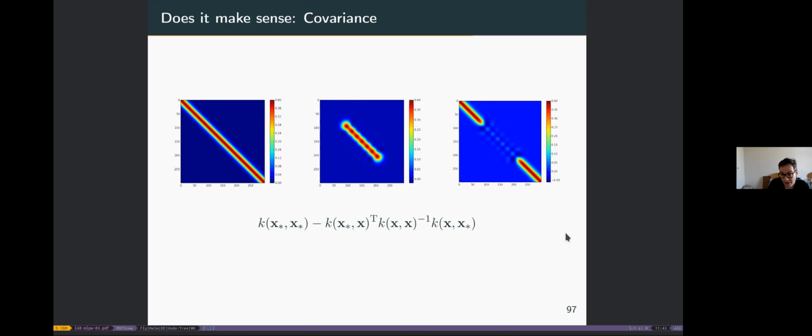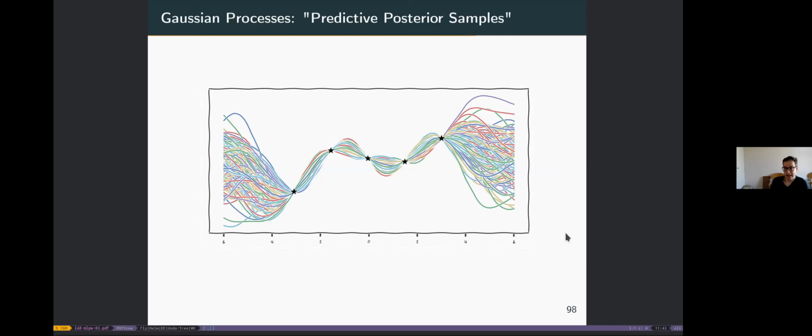So that's effectively what it means. If I sample from that distribution, I get something that looks like this. Far away from the data, I get things that look a lot like the prior. When I get close to the data, I go through the data point and have no variance left, and then the variance goes up and so forth.